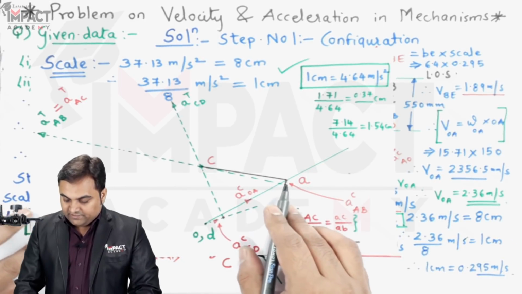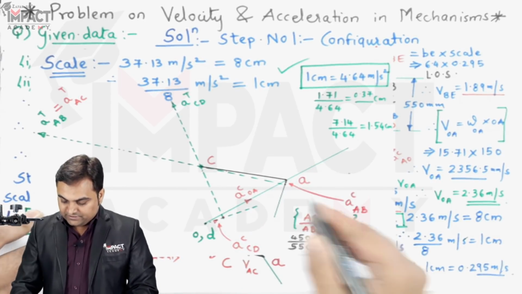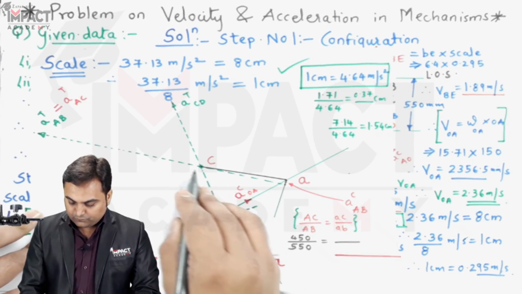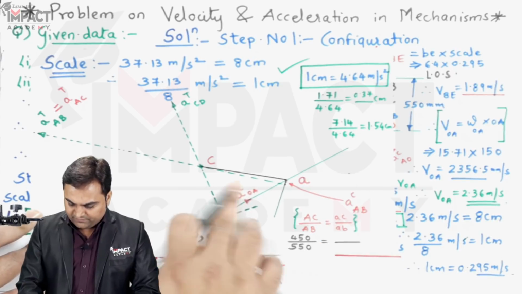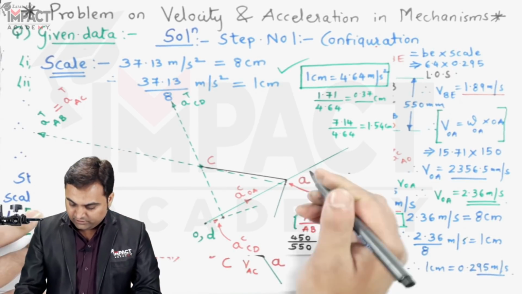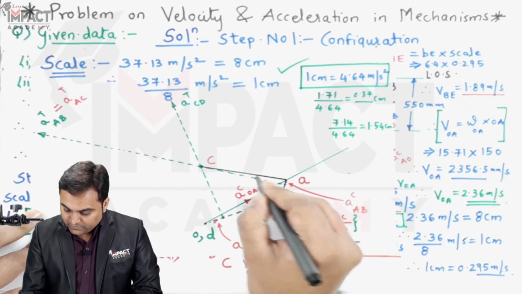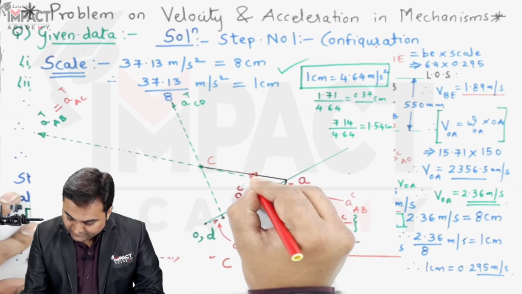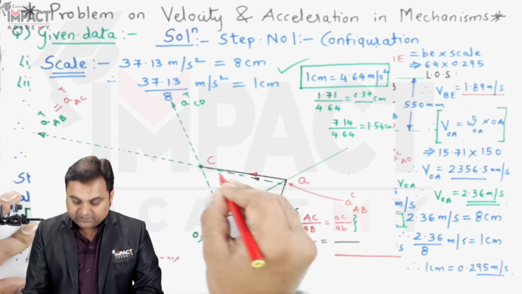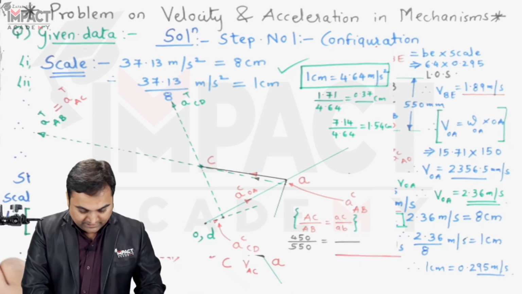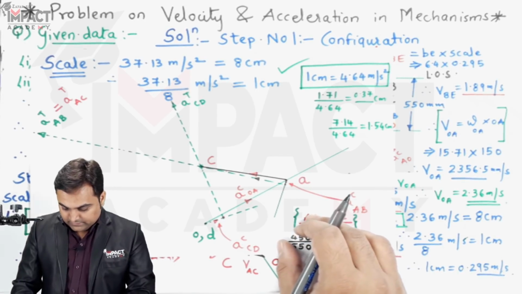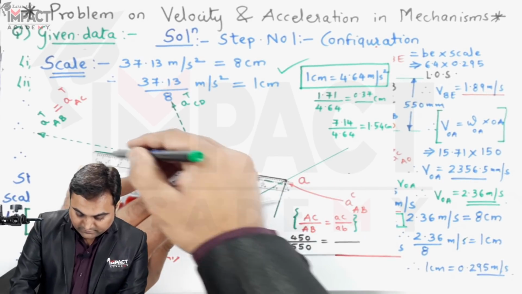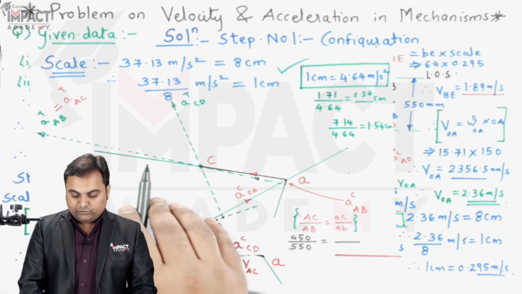So this is the centripetal acceleration of AB, and then here we have the tangential acceleration of AB, or we can say it is along the same line for AC as well. So this shows the main acceleration of AC, and the direction is opposite in nature to that of centripetal and tangential. Now along this same line I am projecting a light line. On this same line I am going to get point B.